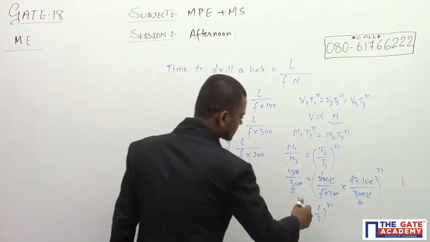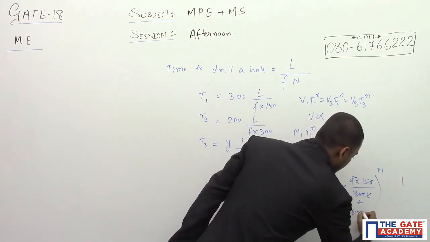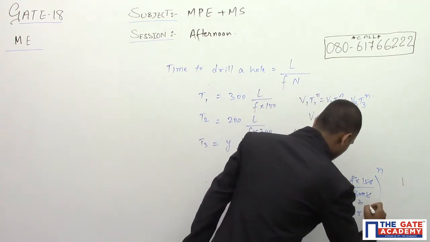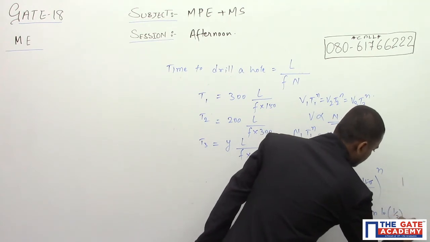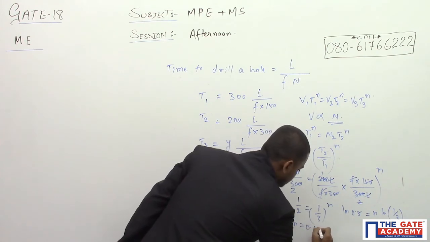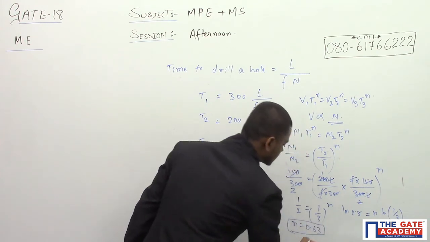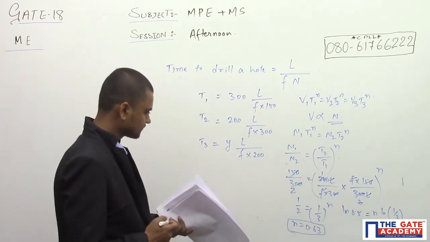If you solve this, taking ln, ln 0.5 is equal to n ln 1 by 3. So if you solve this, you will get n equal to 0.63. This is the value of n, which is equal to 0.63.